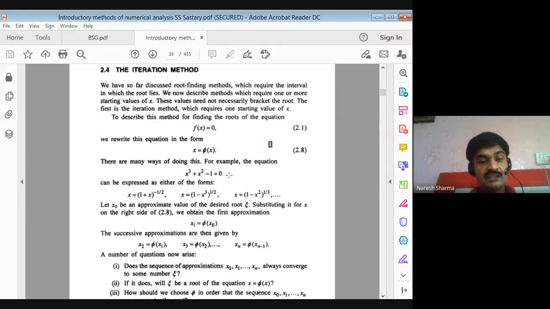That is 1 divided by 1 plus x. Now taking the square root on both sides we get this first equation.